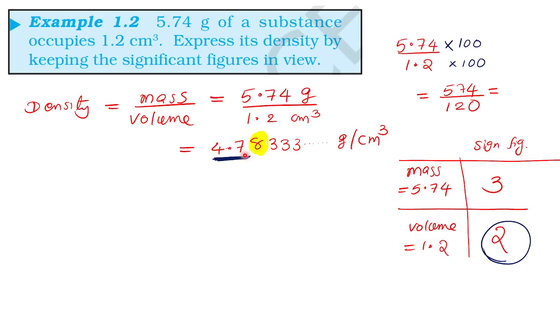Definitely we must. When you make the exact number of significant figures, you have to do the approximation also. So only two significant figures I have to select, but after 7 the digit is 8. If the digit is more than 5, the 7 should be approximated as 8.